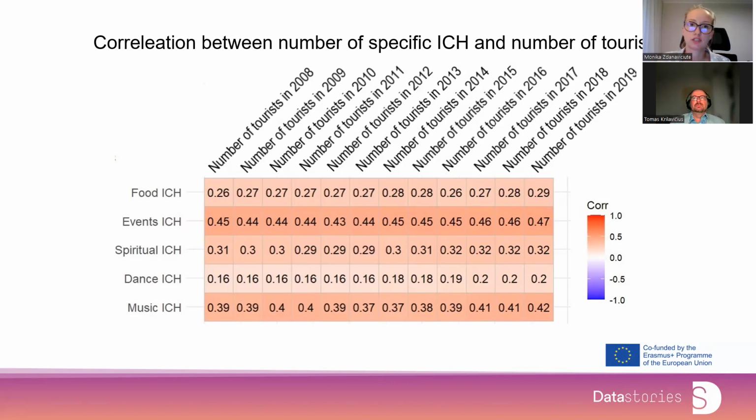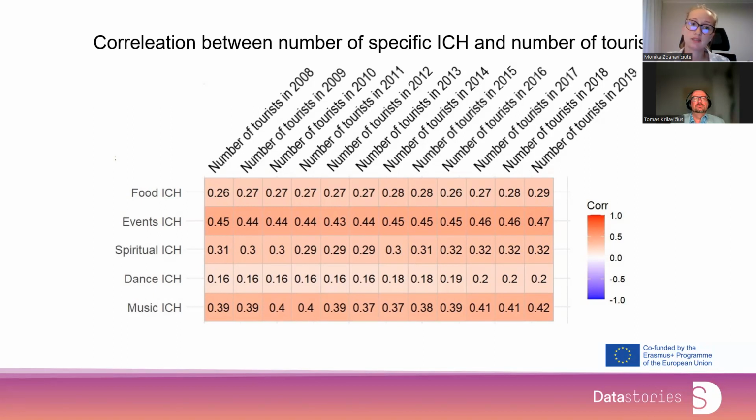Here we can see the correlation between number of specific ICH elements such as food, events, dance, and music. And we can see that one type of ICH element could correlate more than another.